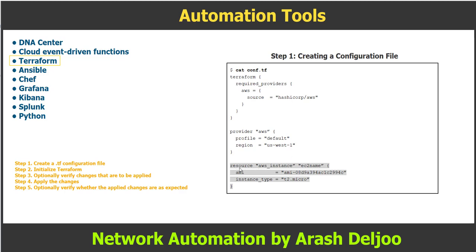Resource, AWS instance, EC2 name, and then some other information about it. Don't worry about the detail here, we only try to understand the overall structure of the Terraform file. This is step 1: create a .tf configuration file.